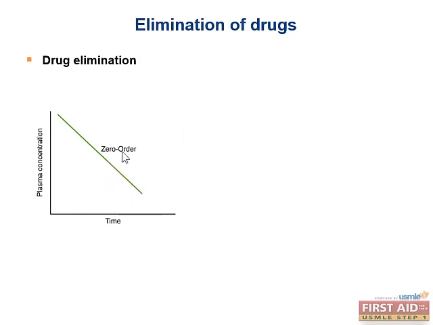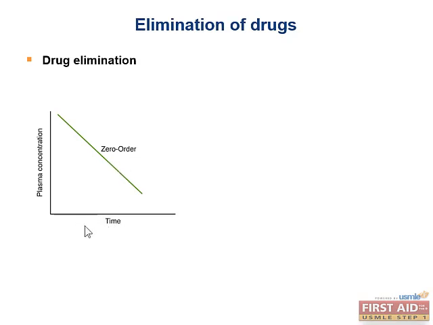For example, aspirin in the body would be eliminated at a constant rate via zero order elimination. It wouldn't matter if you took an 81 milligram tablet or a couple 325 milligram tablets, since the elimination of aspirin is at a steady pace. Zero order elimination is less common than first order elimination, which we'll talk about next.